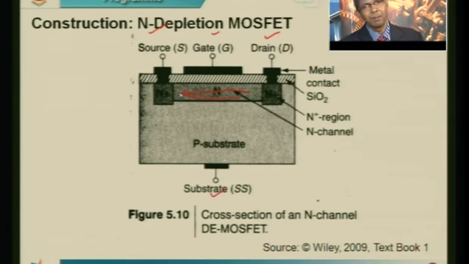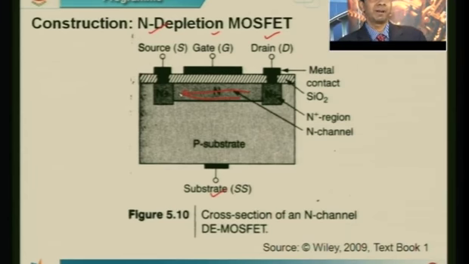That is, in a depletion MOSFET, even though there is no gate voltage applied, we already have a channel between the source and drain. This is very similar to JFET. If you remember, in JFET, there was already a channel between drain and source. We applied a negative voltage and we depleted that channel to the point where the device got cut off. Similarly here also, we already have a channel.